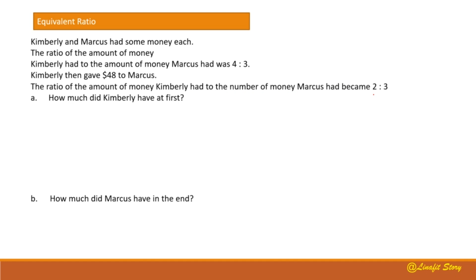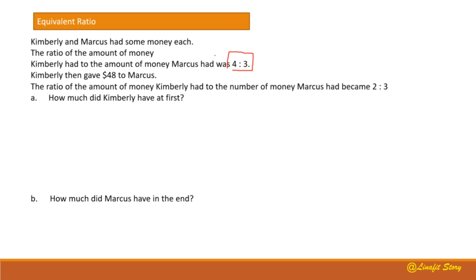So over here, we have to find out first that the ratio of the amount of money Kimberly had to the amount of money Marcus had was 4 to 3. So what happened next? Kimberly gave Marcus $48 and now the ratio between Kimberly and Marcus became 2 to 3.